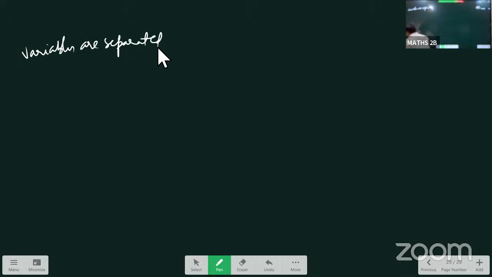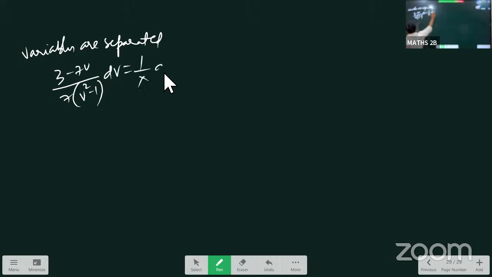Again, variables are separated. Now when you separate your variables, 3 minus 7v comes to the numerator, with 7 common (v square minus 1) dv equal to 1 by x dx.